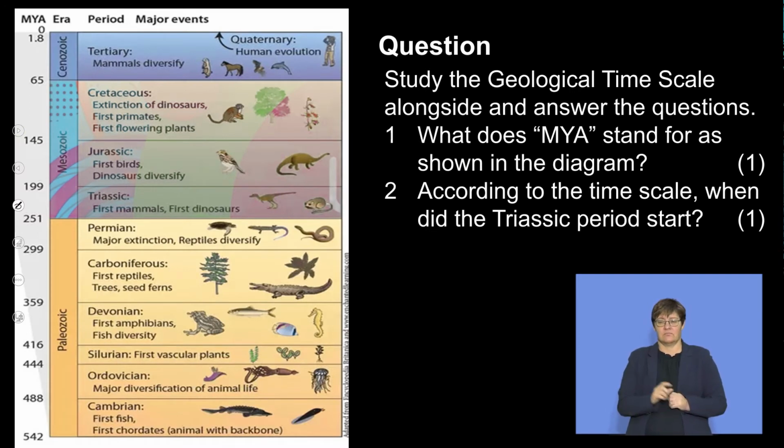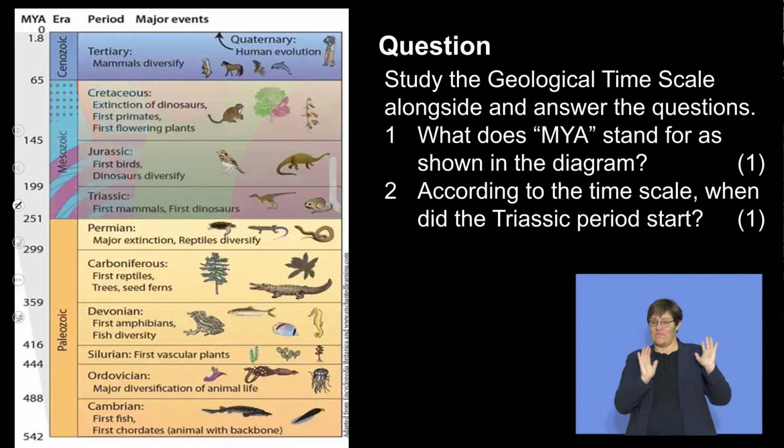Next question. How do they ask questions on this? Are you expected to know all these names and which animals are found where? And the answer is no. You do not have to memorize their geological timescale. You need to know the names of the three eras.